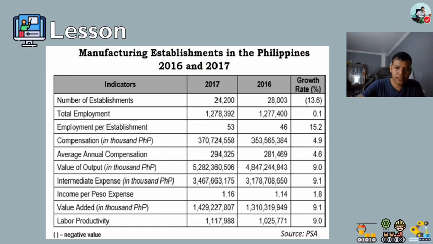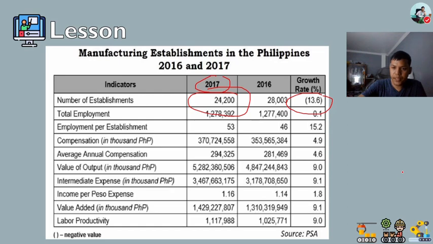The latest Annual Survey of Philippine Business and Industry, or ASPBI, showed a total of 24,200 manufacturing establishments in the year 2017. So this represents a 13.6%, okay, what does it represent? 13.6%.